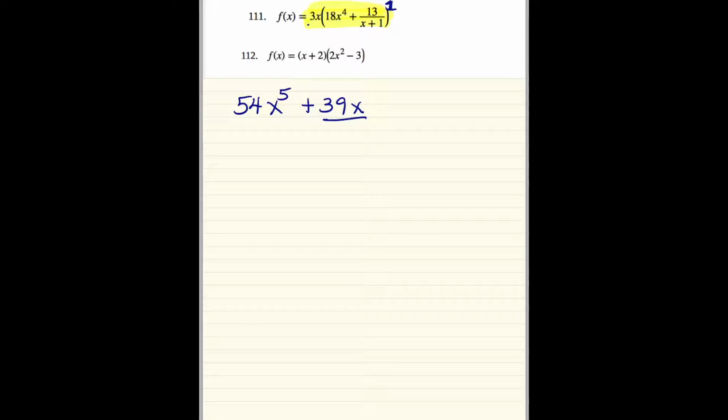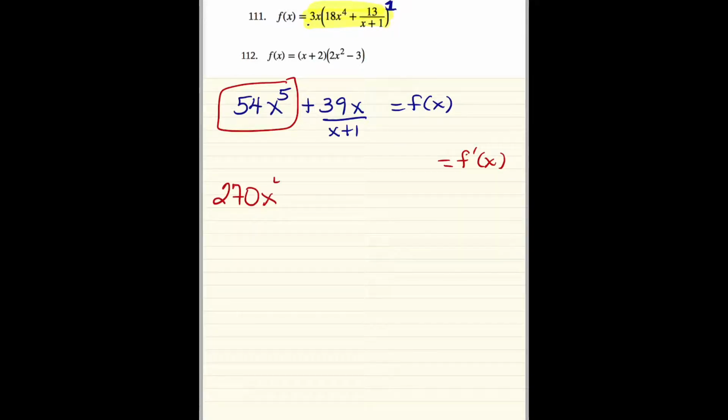And then we have x plus 1. Now, this is just f of x. We're going to take the derivative of this guy, so I'm going to indicate this by f prime of x. This derivative is just the monomial. 5 times 54 seems like it's 270, x to the fourth.